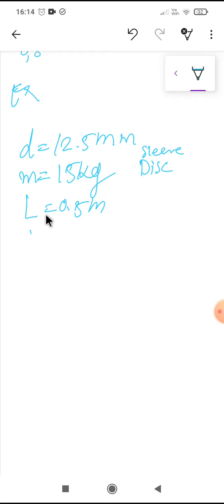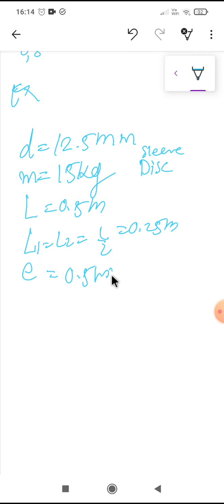It is the center of gravity, and it is 0.5 mm from the axis of the shaft. So L1 is equal to L2 is equal to L by 2 is equal to 0.25 meter. And e is given, that is 0.5 mm, the center of gravity distance.